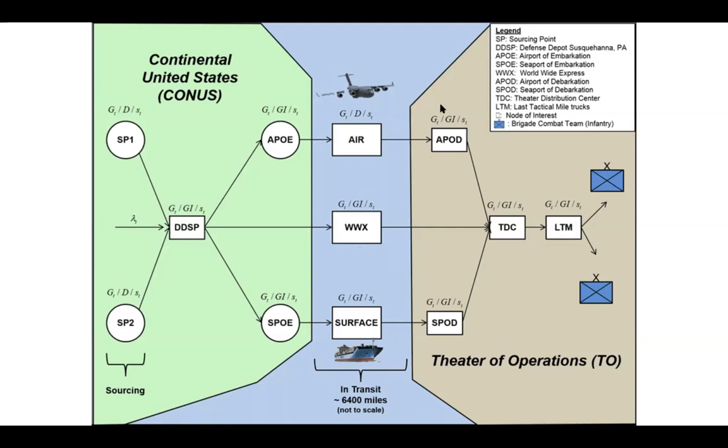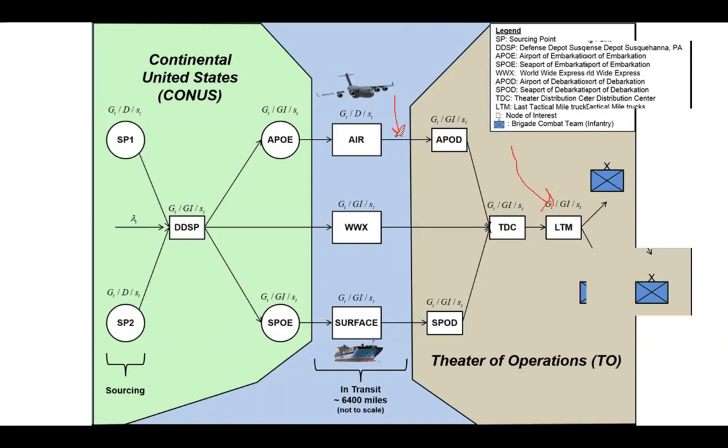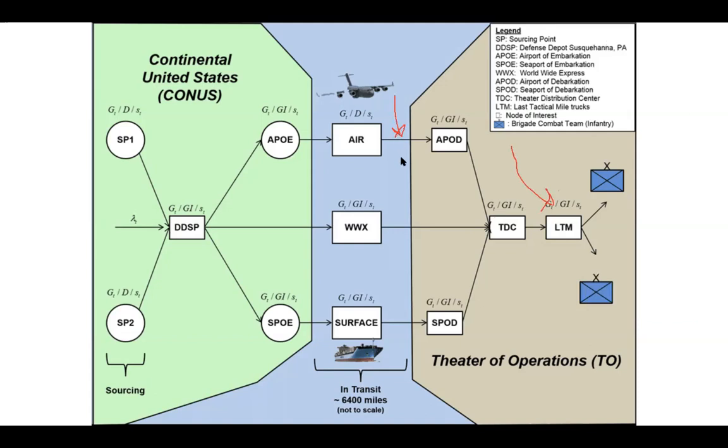Where might we want to strike to try to disrupt their communications? Do we want to try to strike over here? Or maybe, I would say, we probably want to strike somewhere in the middle.